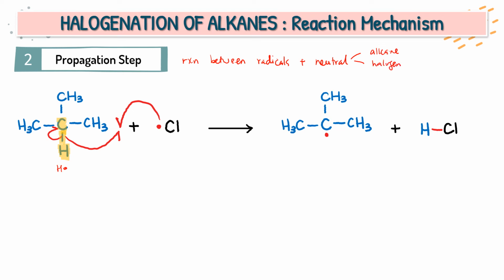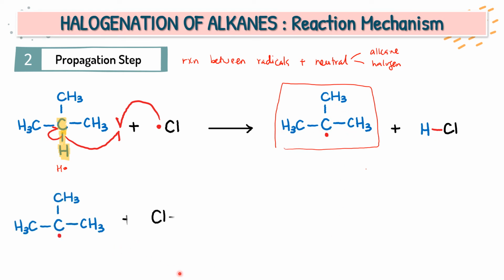Dalam reaction lah, so alkane kita tadi kita punya propane dan halogen kita adalah Cl2. So dekat sini kita dah hasilkan our free radical, another new radical. So apa yang akan berlaku adalah we going to use this radical to react with a neutral chlorine.